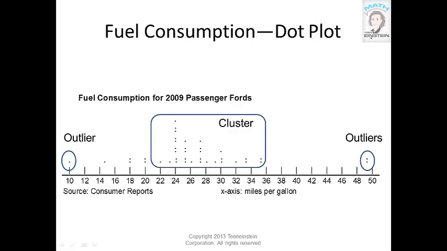You can see a group, the high peak, 1, 2, 3, 4, 9. Then another one after the 1, you have another 5. So small clusters become a big cluster, and there is a gap. There is no data from 36 to 48. This is fuel consumption for 2009 passengers on Fords. Okay, I hope you are able to understand some of the properties of a dot plot.